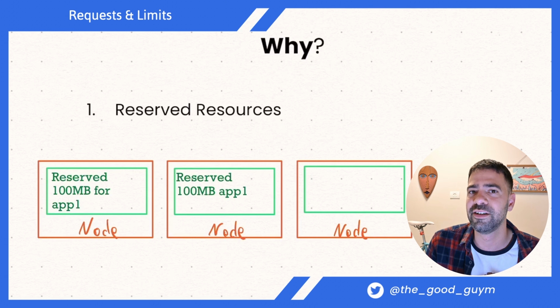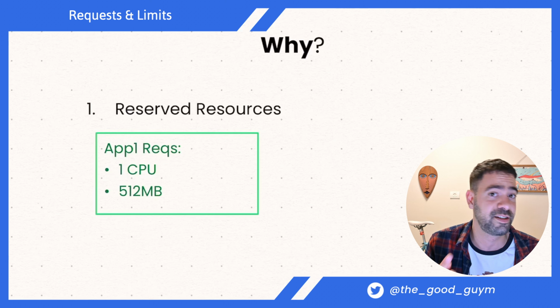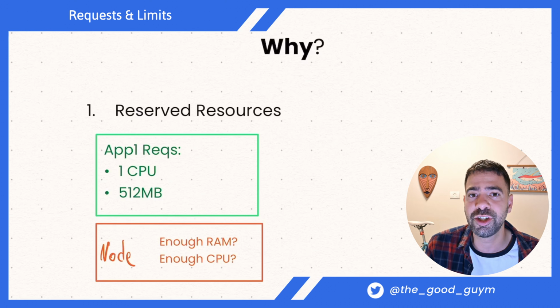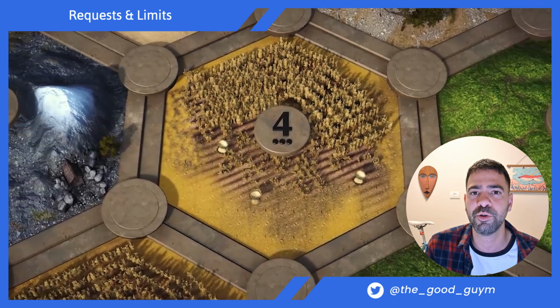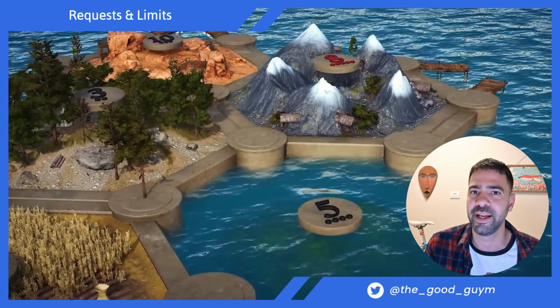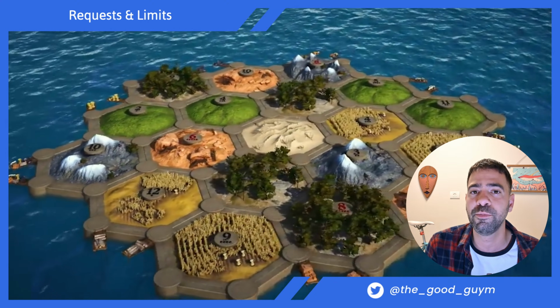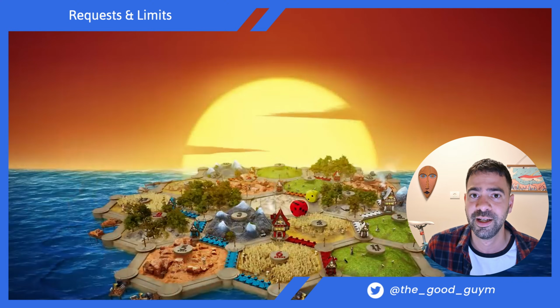You want to reserve some of the resources, because if your application needs one CPU and half a gigabyte of memory, you need to make sure that each node it's going to be scheduled on has enough resources for it to run. It's like the minimum requirement when we buy a new game or run new software. We want to make sure we have the minimum requirement in order to run.